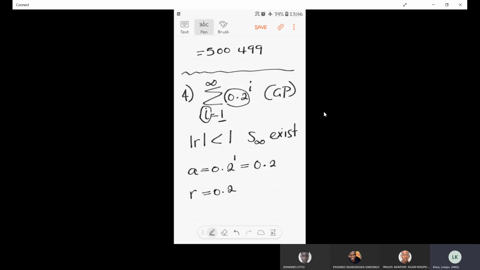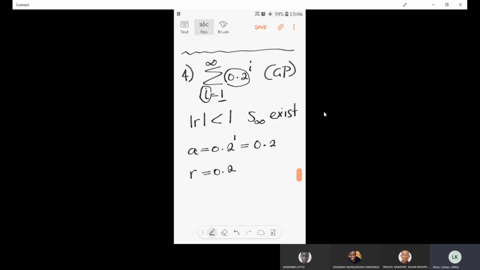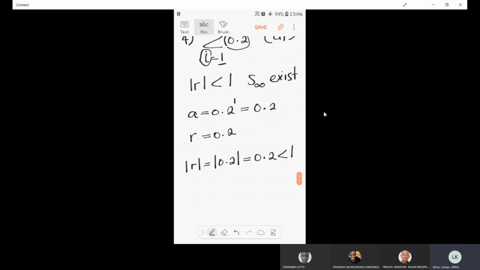So this is 0.2. Okay, and then we test to see if the sum to infinity exists. So I'll take the absolute value of my r, which is the absolute value of 0.2. This is just 0.2. Now 0.2 is less than 1, therefore the sum to infinity exists.